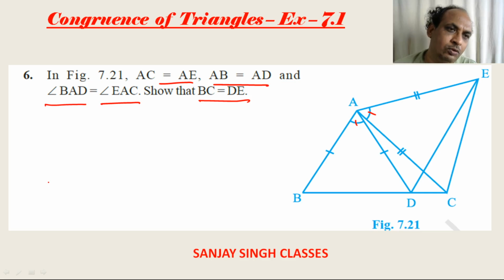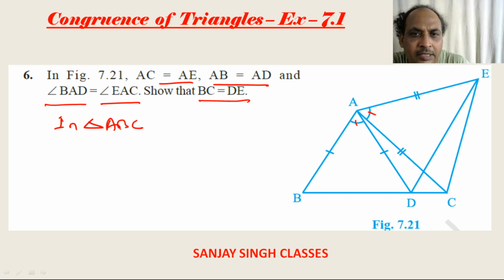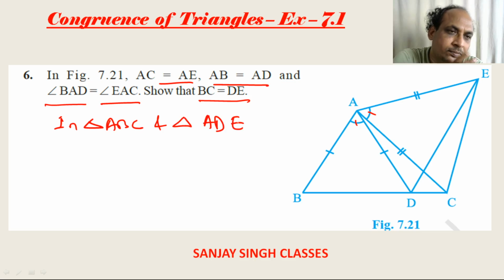So BC is equal to DE. It means we need to go for congruency of triangles. So congruency of triangles will take in triangle ABC and triangle ADE.